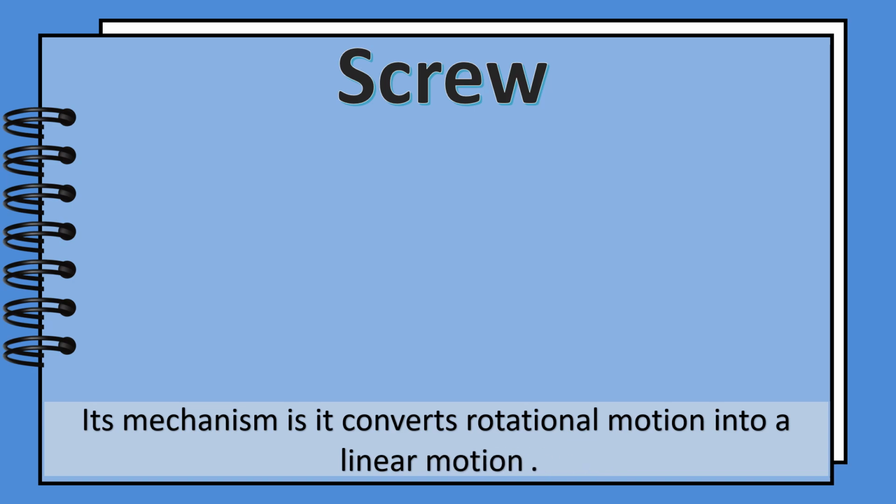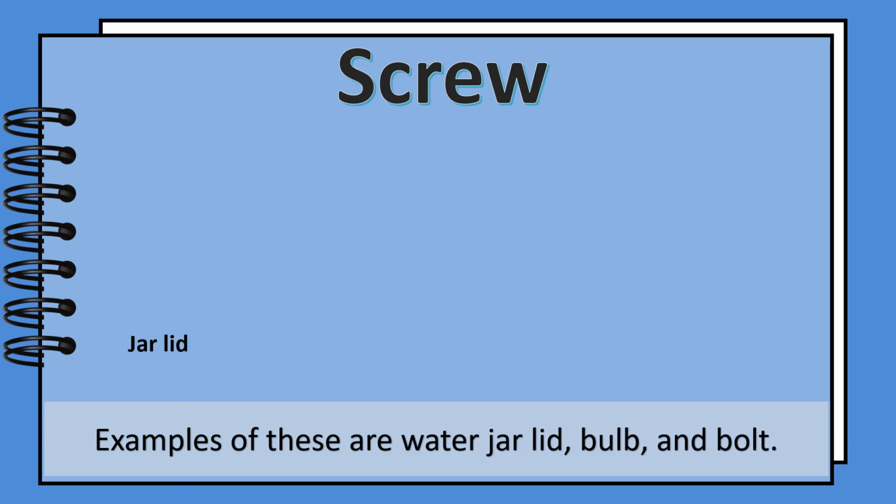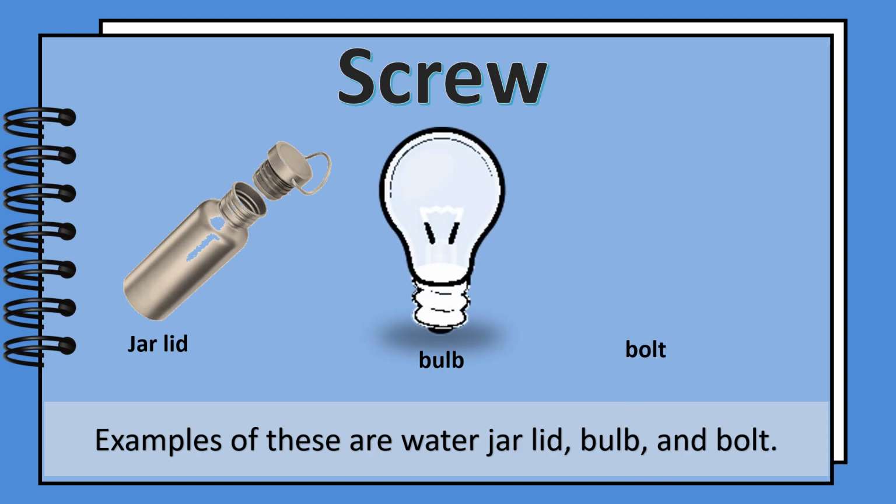Its mechanism is it converts rotational motion into linear motion. Examples of these are the water jar lid, bulb, and bolt.